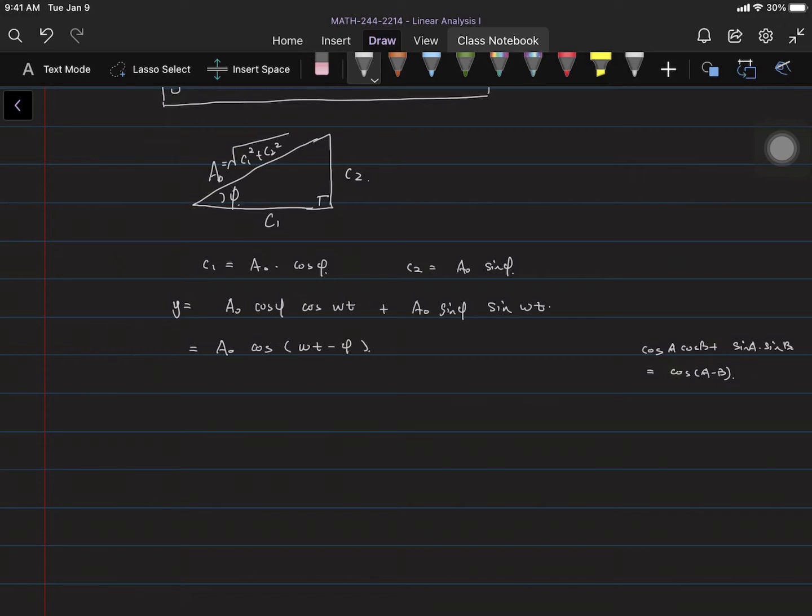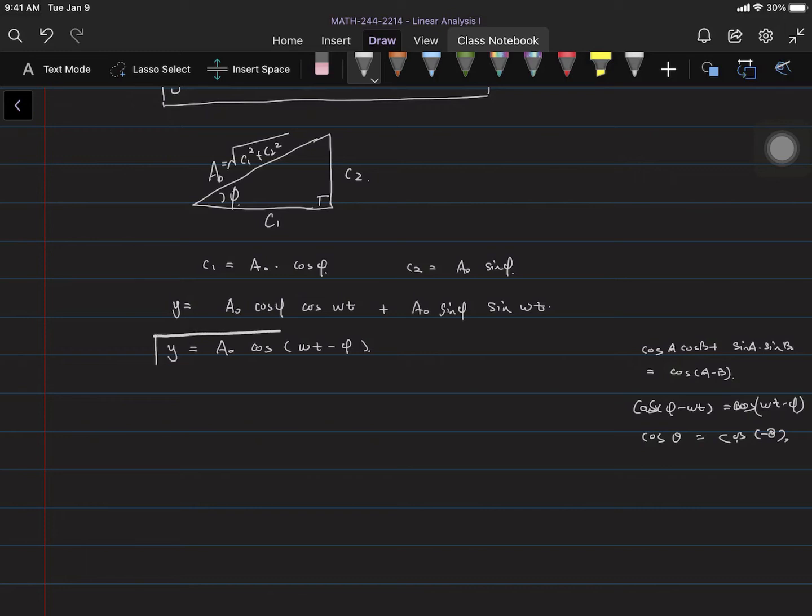You can also do phi minus omega t, but they are the same thing: cosine of phi minus omega t equals cosine of omega t minus phi, because cosine theta equals cosine of negative theta. That's the property of the cosine, so it doesn't matter the order, okay? And we like to write omega t in front. So this is our solution.